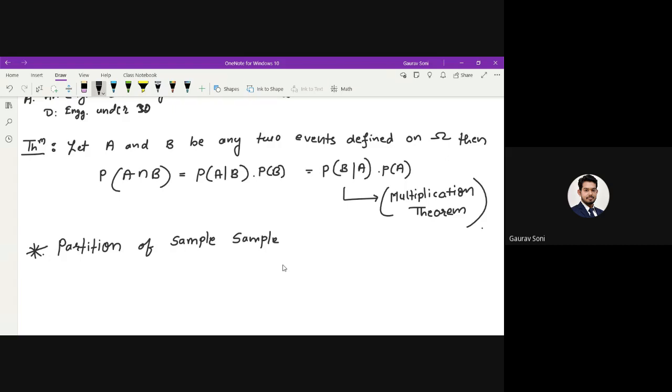So what do we mean by partition? Partition is simply that you divide the entire structure into mutually exclusive parts.